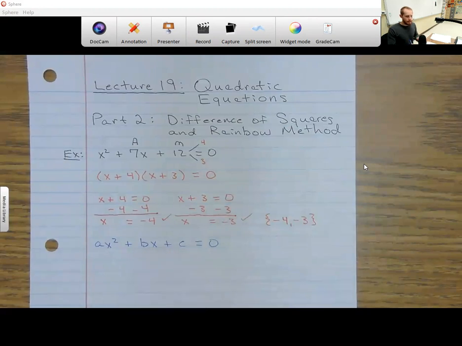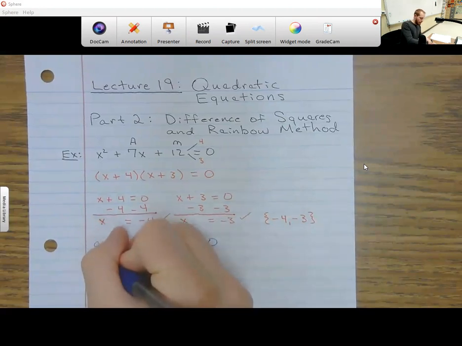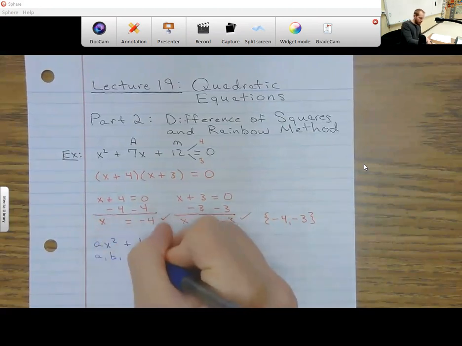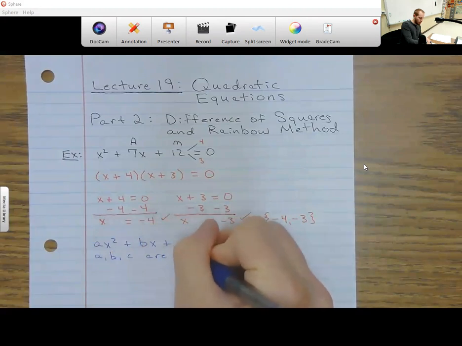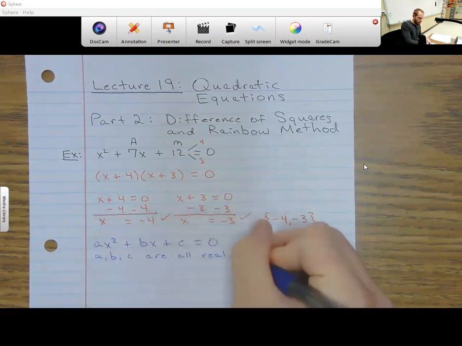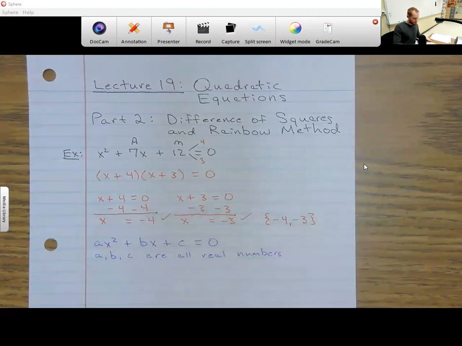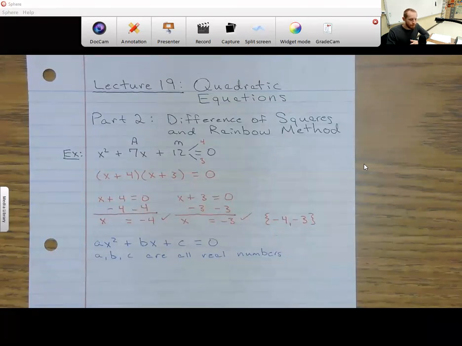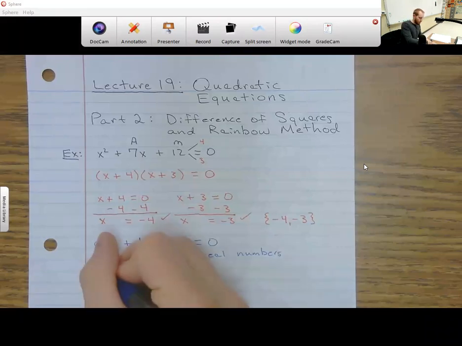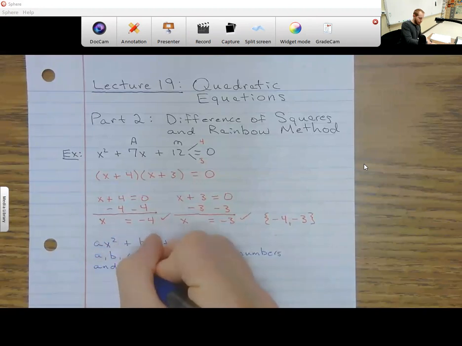And we know that a, b, and c are just real numbers, right? That's what the a, b, and c are. And besides that, we also stipulated that a cannot equal 0, right?